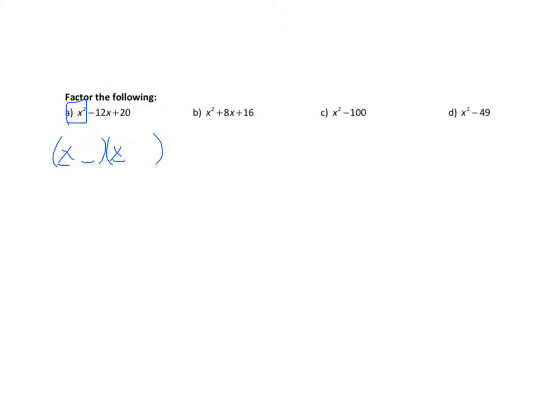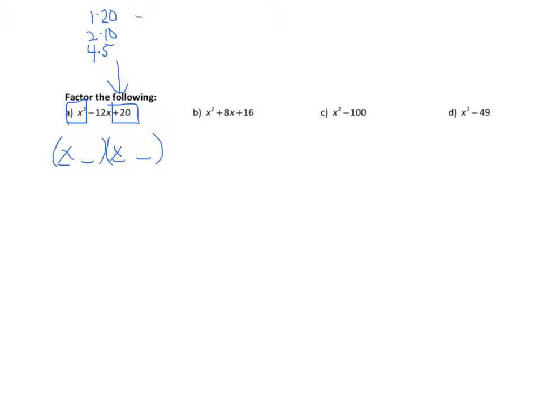Then my last two spots need to multiply to the last term in the trinomial. So I need to think of all the numbers I can multiply to get 20. I can do 1 times 20, 2 times 10, or 4 times 5. But to multiply to a positive, I could also have two negatives.